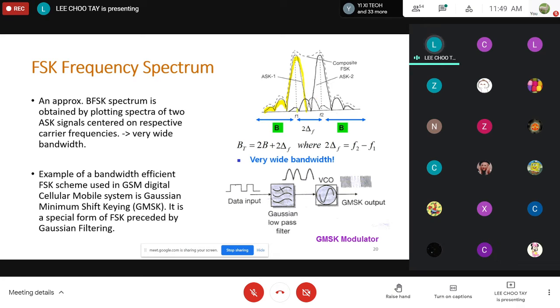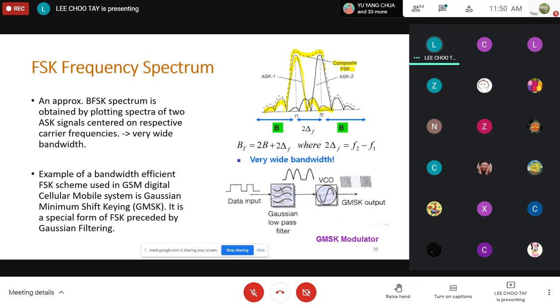And then we also have a spectrum for ASK number 2, which is this one over here. So we add these two spectrum together, and that will give us the composite FSK spectrum, which is this one over here, the dotted line.